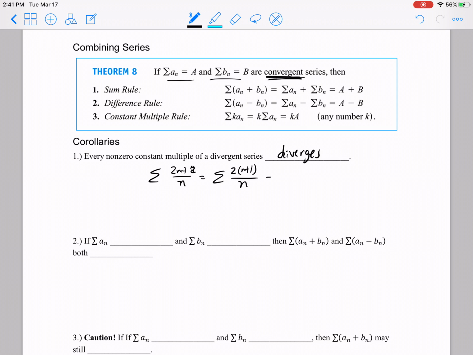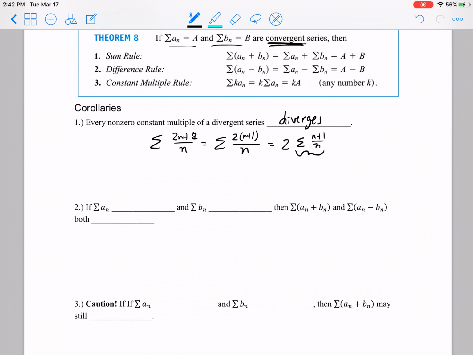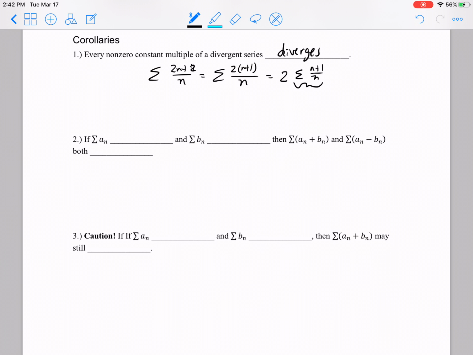Well, this is 2 times the sum of n plus 1 over n. And on the last page, we saw that this diverges, therefore this whole thing diverges. So the sum of 2n plus 2 over n diverges.